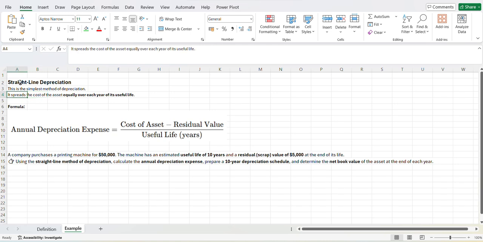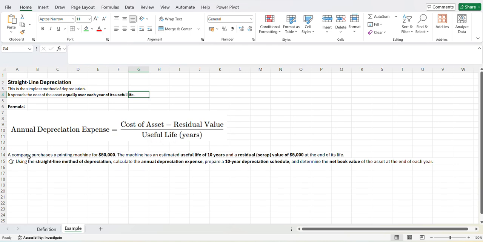So we have straight line depreciation. It spreads the cost of the asset equally over each year of its useful life. Okay. So what is the formula for calculating the annual depreciation? It is simple. Cost of an asset minus residual value over useful life.